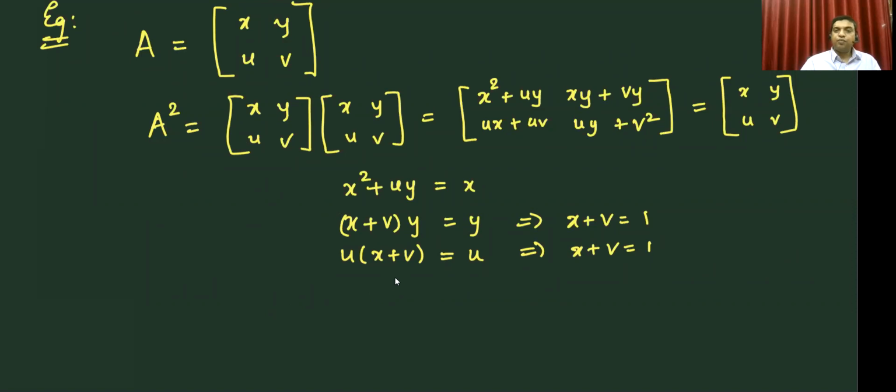We are trying to find out which are the idempotent matrices. It is not just easy to frame idempotent or involutory matrices. Symmetric, skew symmetric, any matrix I can take and do, but this will follow certain rules. So x plus v should be 1.